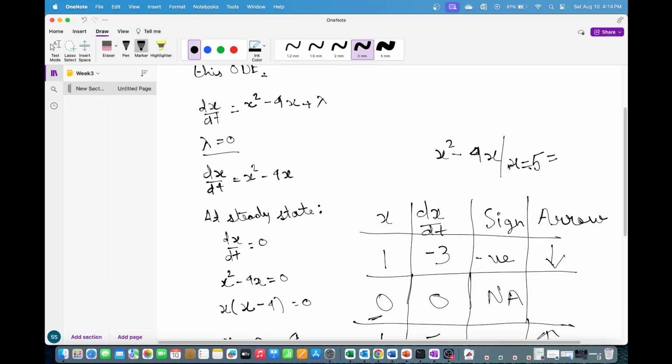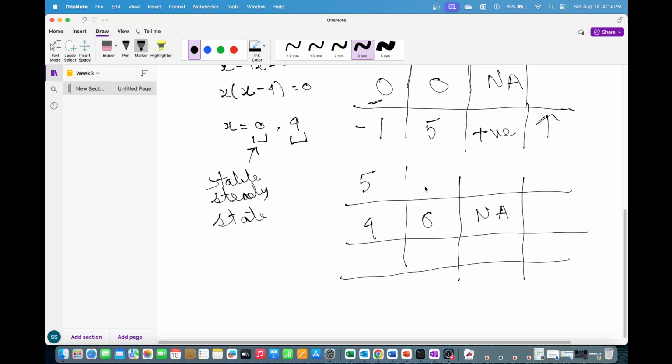At x equal to 5, this becomes 25 minus 20 equal to 5. So at x equal to 5, dx/dt equal to 5. This is positive, arrow upwards.